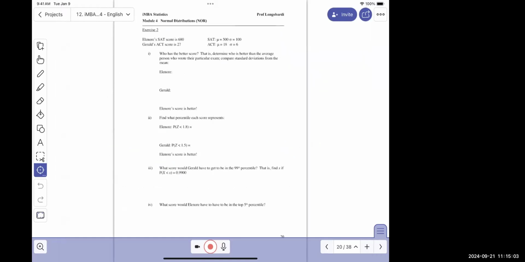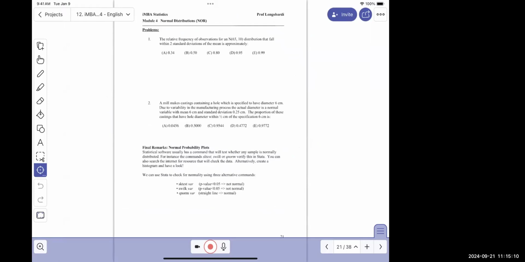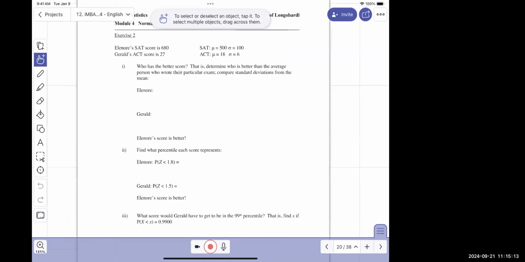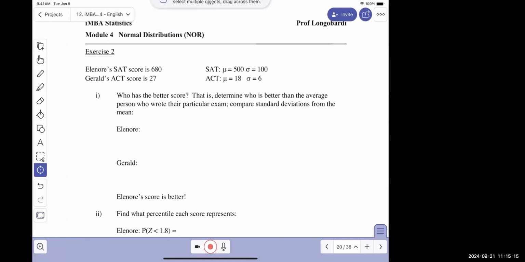Okay. And let's do a similar problem. So Eleanor and Gerald took two different tests for entry into college. Now these have to be standardized so they can compare the students. So who has a better score on their standardized test? For Eleanor, you need to calculate standardizing 680.